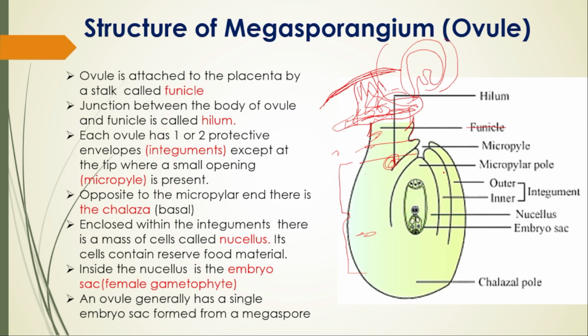This one is one, and this one is the second one. Two integuments are there, the outer integument and the inner integument. This one is the outer one and this one is the inner one. Then opposite to the micropyle end there is the chalazal base.